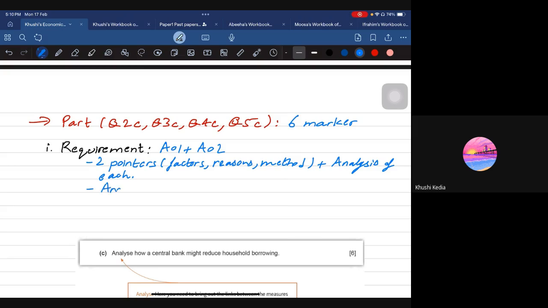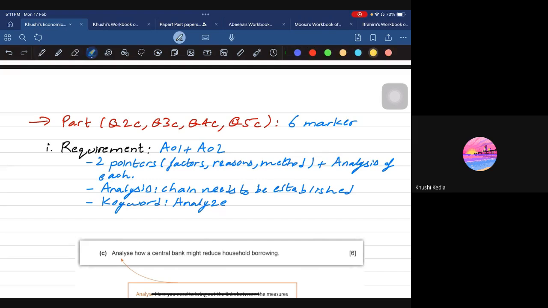So in analysis, a chain needs to be established, right? And the keyword which will be used, very simple, which tells you that you have to analyze. It is written analyze, simple. So it will simply say, analyze.